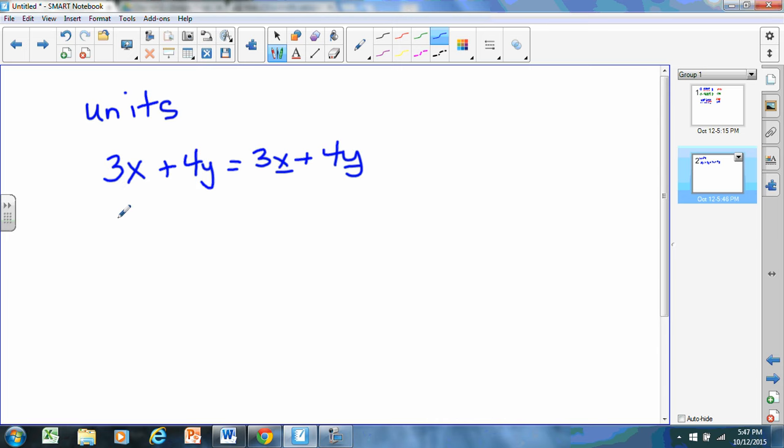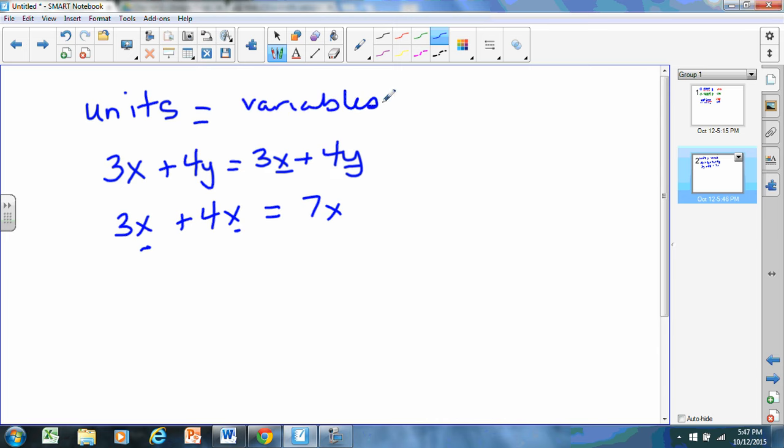However, if I asked you to add 3x plus 4x, you would tell me, since these are like terms, I could add these and get 7x. And units work just like variables.